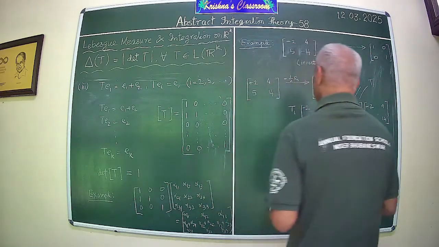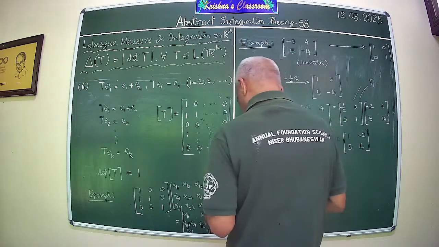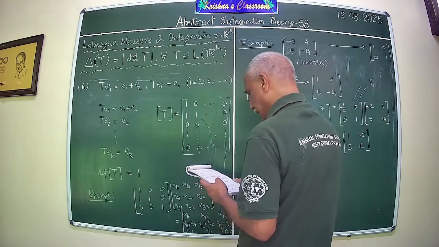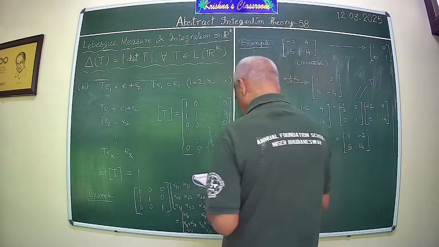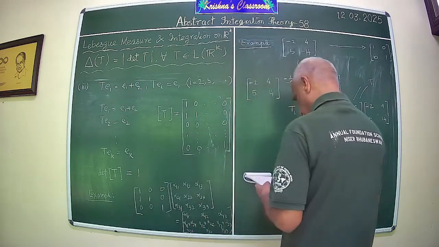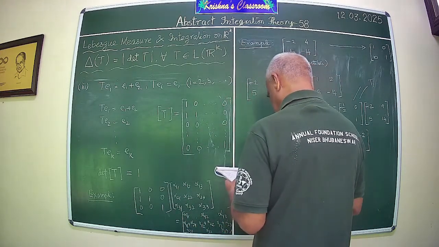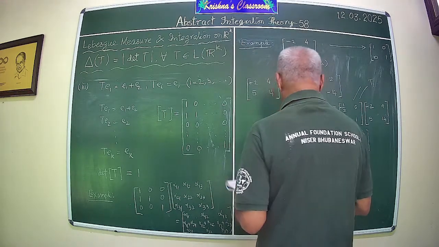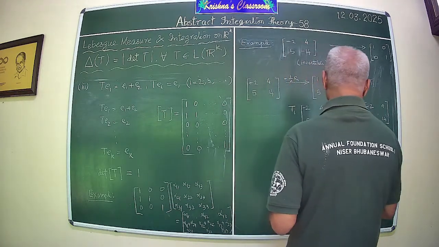Similarly, what is the next operation? The next operation is you multiply by, okay. How to go from here?